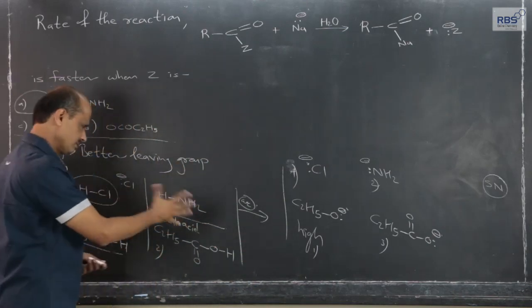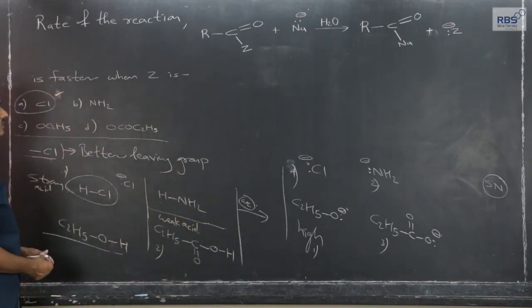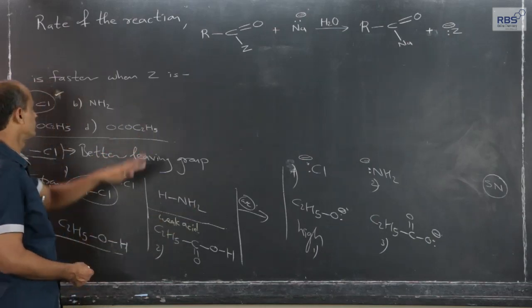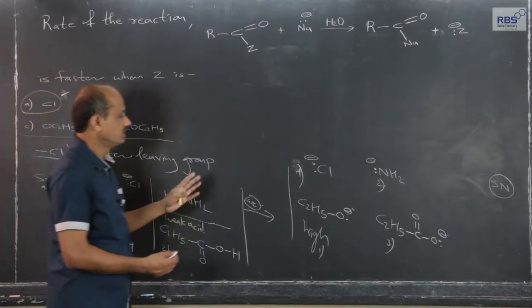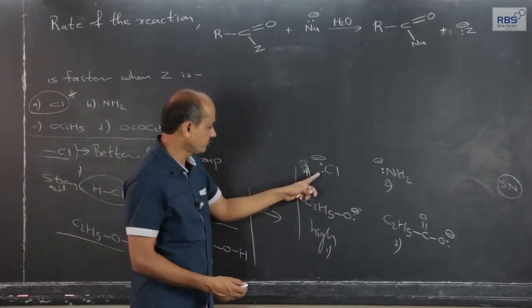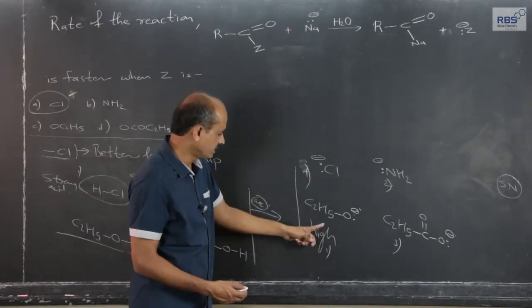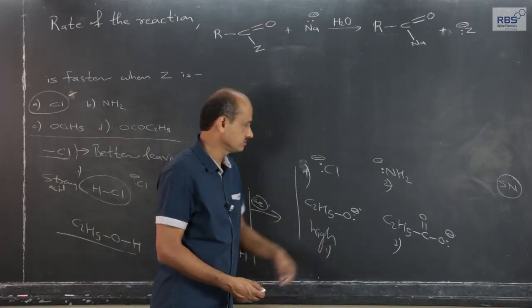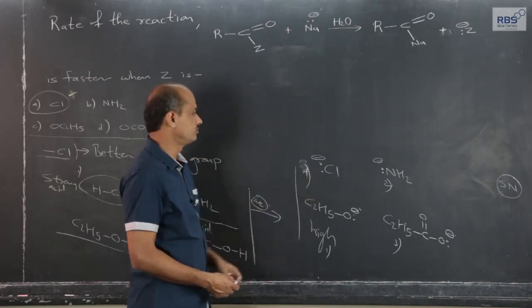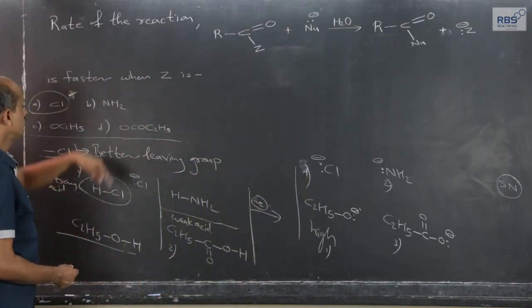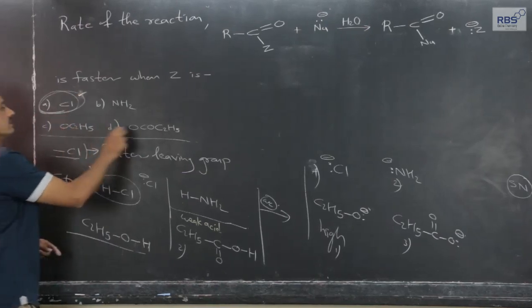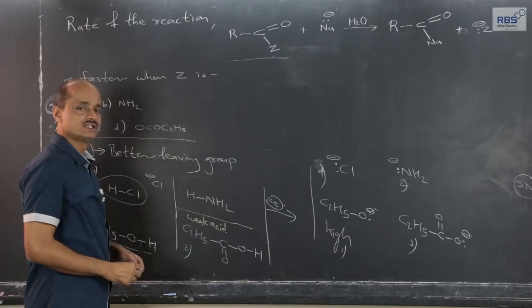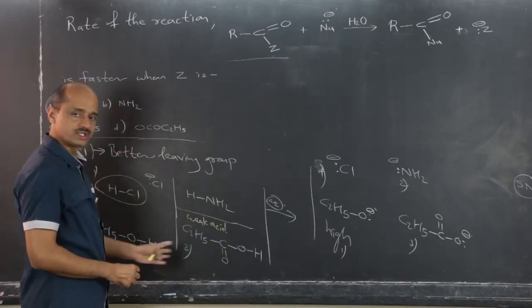So, if we consider it that way, Cl goes out in the form of Cl minus ions as compared to the remaining groups, because when they go out in the form of ions, they go out as Cl minus ions, NH2 minus ions, ethoxide ion, propionate, carboxylate. Chlorine will be a better leaving group, and therefore, the reaction will be faster when Z in the reactant is chlorine, because it is a better leaving group as compared to the other groups.